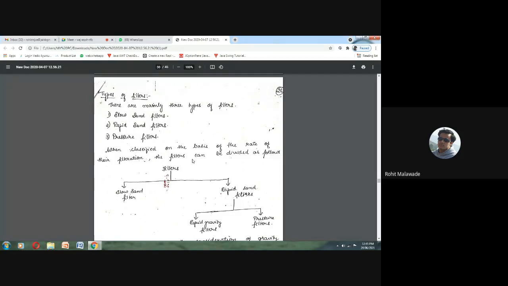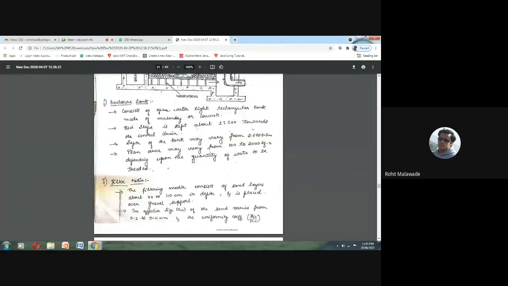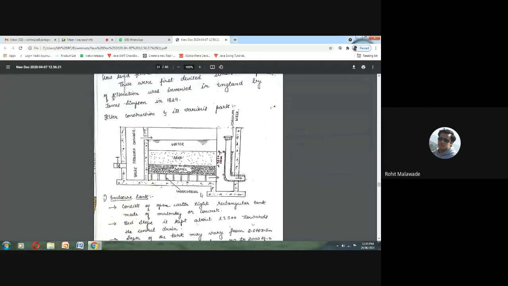So here, we will be using this slow sand filter in order to remove the finer suspended particles which are present in water. If we don't remove them, these finer suspended particles are going to create a layer on the top layer of the sand.